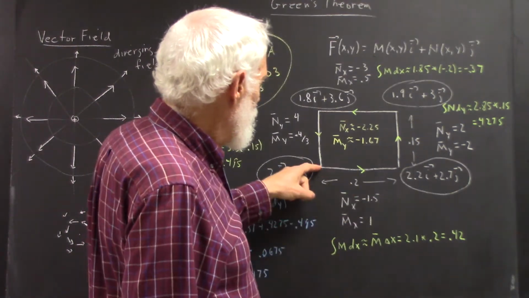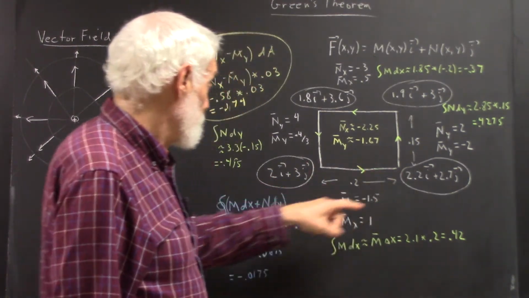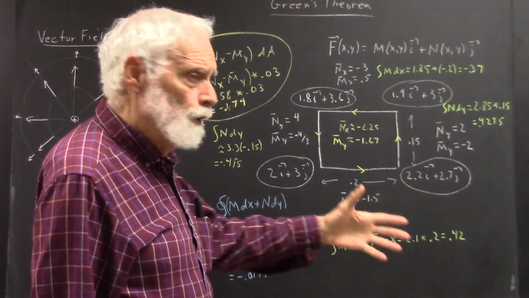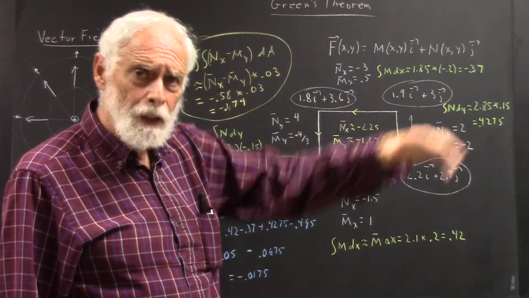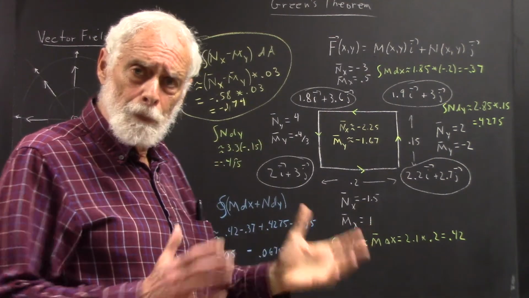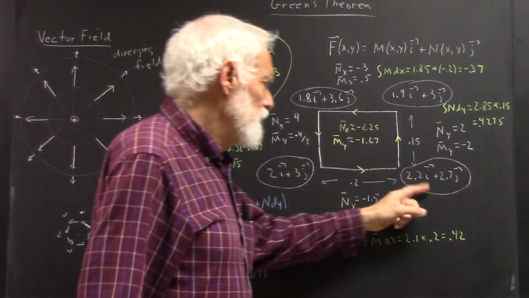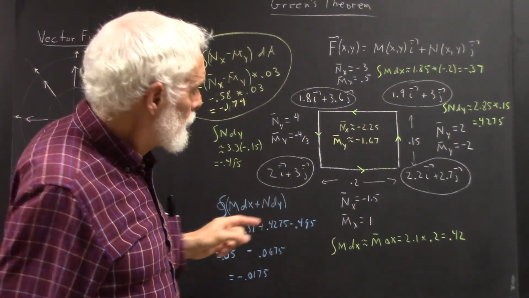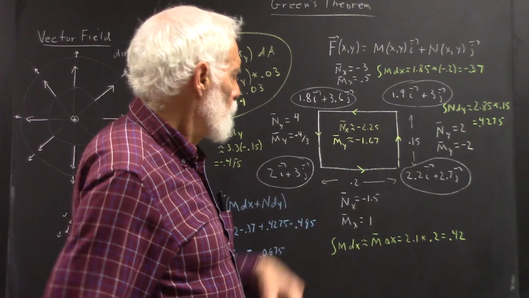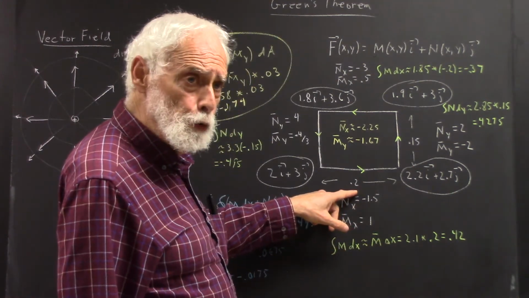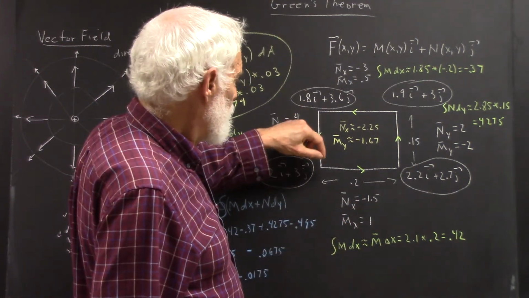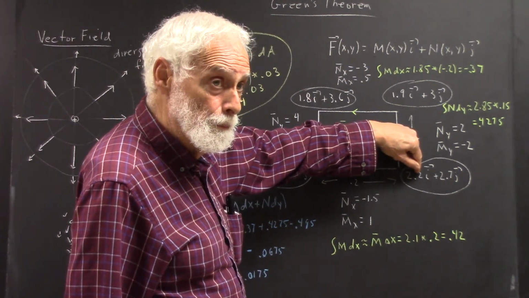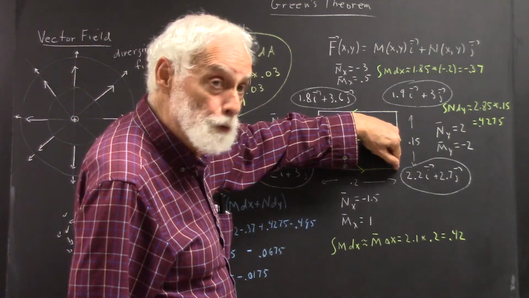The average value of M from here to here is 2.1, because it goes from 2 to 2.2. Now you don't know that's really the average, because this thing's not going to be linear, but over a small interval you expect it's going to be close to its linear average. So the linear average is 2.1, you multiply that by 0.2, and you pretty much get the integral of a quantity that goes from 2 to 2.2 over a distance of 0.2.